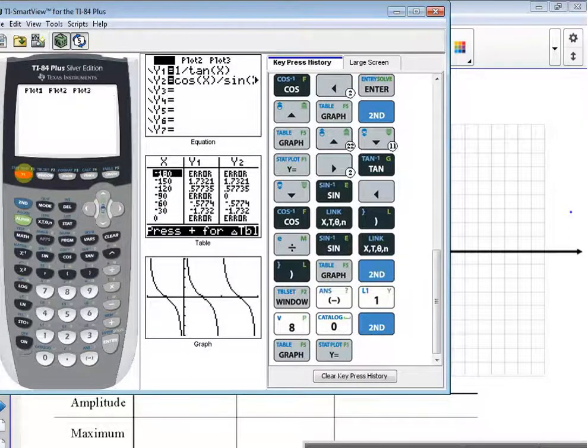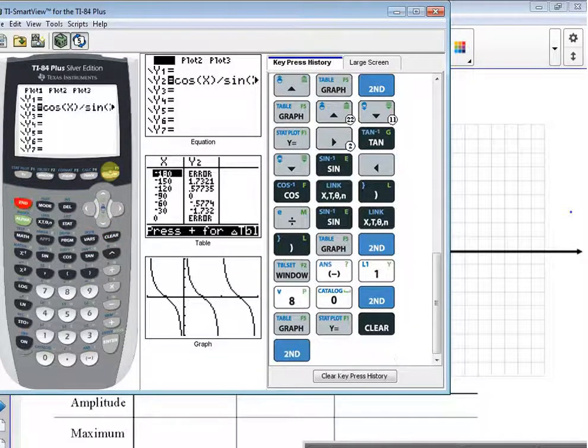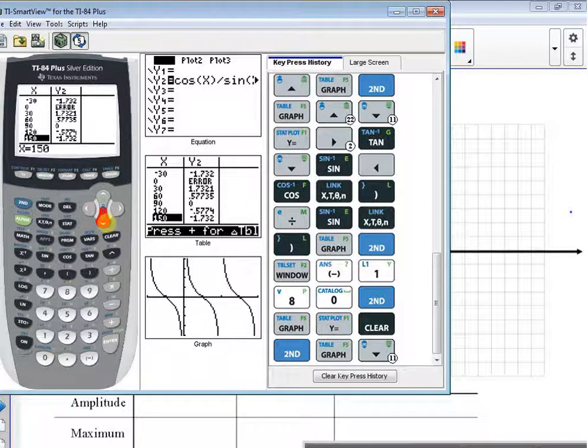So the better one to enter in is just the cosine over sine, so that at any of the negative 90 or the positive 90 it says 0. Okay, so if we go down here, there you see 90 is 0. So we end up with our undefined in the right spots.